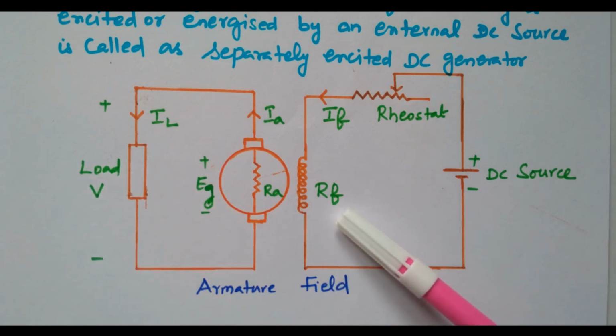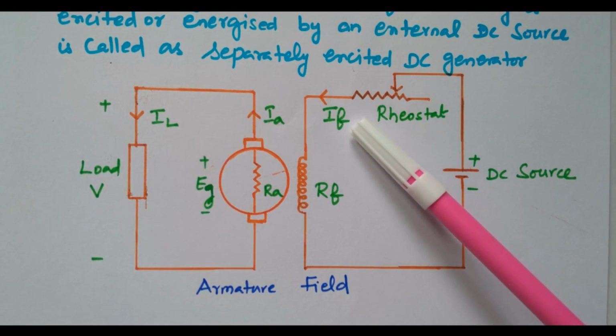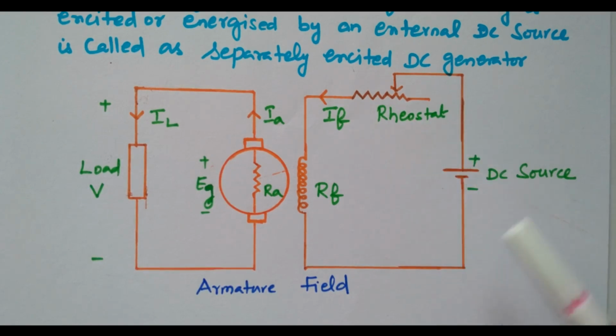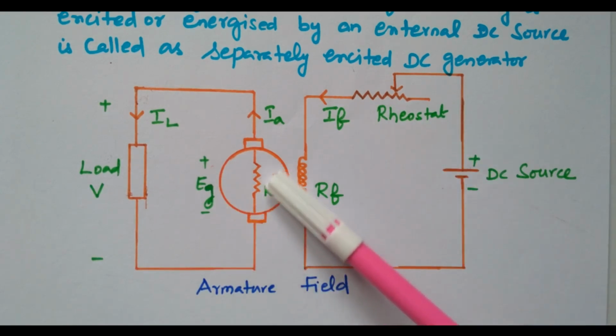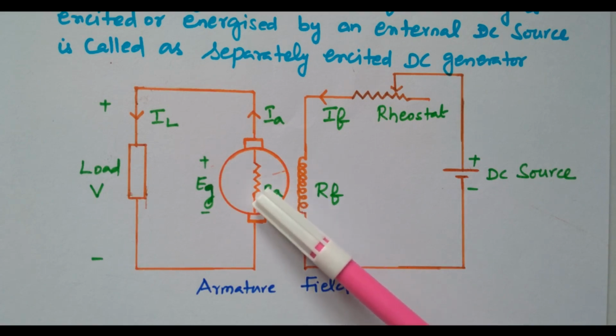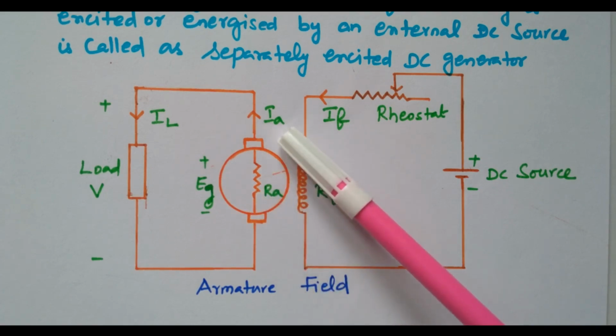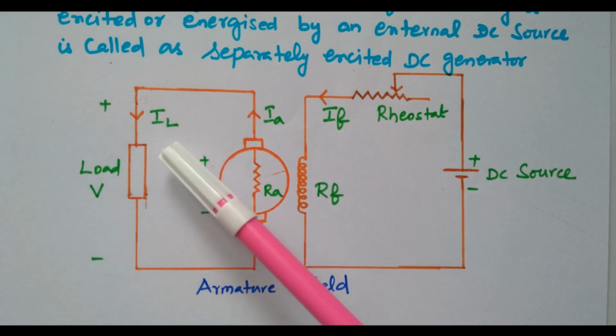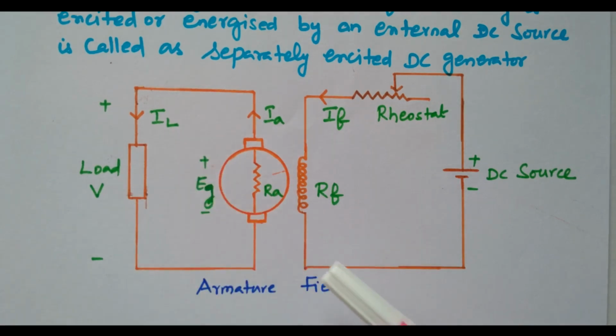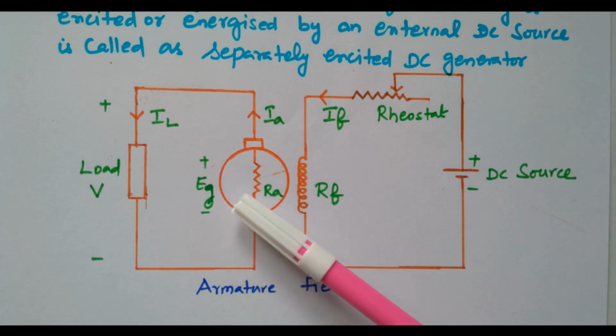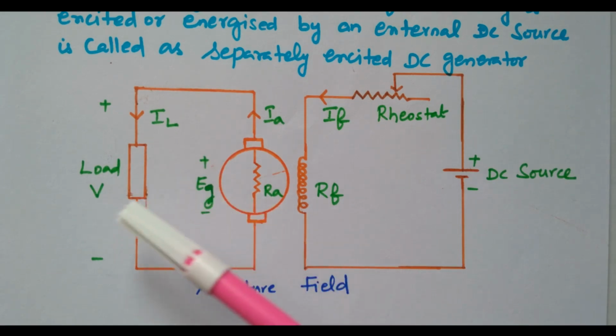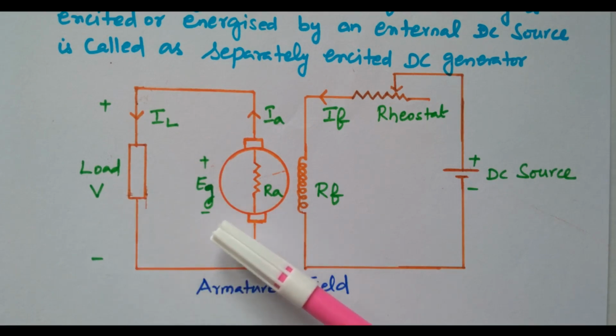So this is the field winding, RF is the field resistance, IF the field current, the rheostat and the DC source. This RA is the armature resistance. Current flowing from the armature is the armature current IA. While going to the load end, it is IL. Right. So this EG is the EMF generated inside the armature, but while going to the load terminal, some drops will be there.